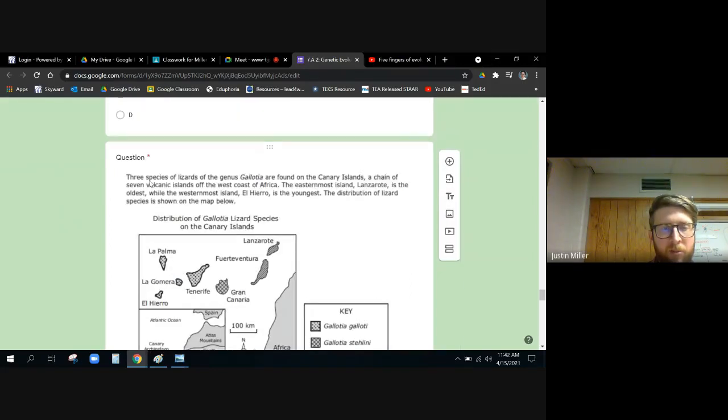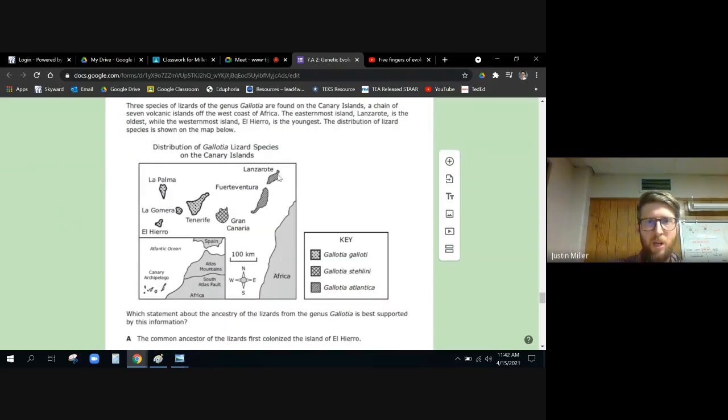Which statement about the ancestry of the lizards is best supported by this information? Well, let's find out what the information is. They found 3 species of lizards on these islands. The easternmost island is the oldest, and the westernmost island, El Hierro, is the youngest. So here is the oldest island, and here is the youngest island.